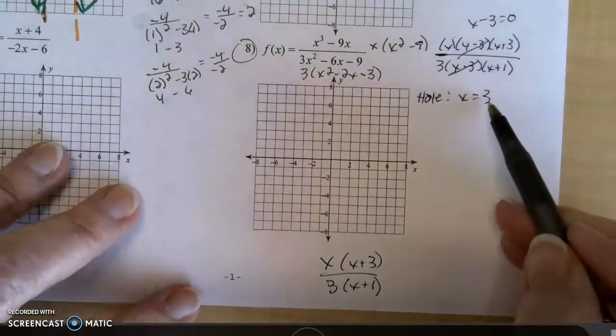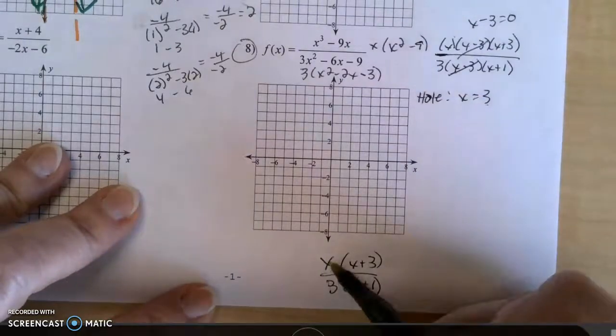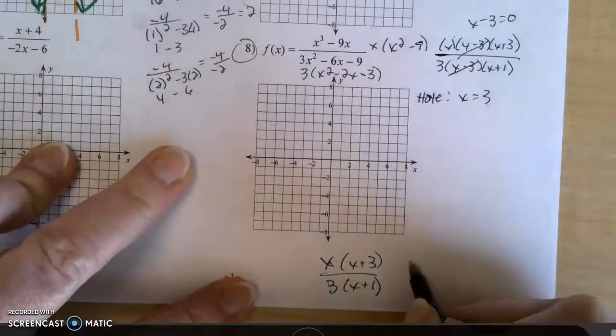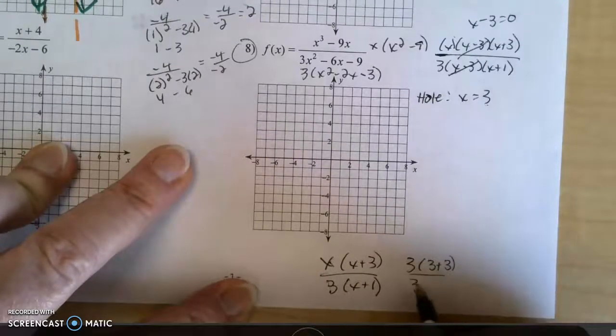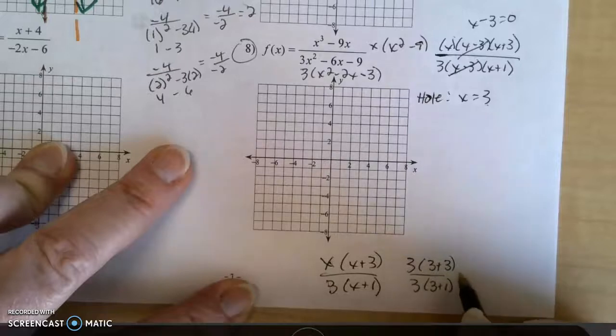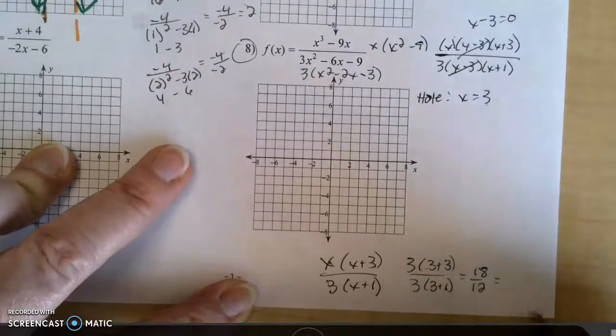If I want to know where the hole is, I plug in my 3. So I have 3 times 3 plus 3 over 3 times 3 plus 1. 6 times 3 is 18. 3 times 4 is 12.